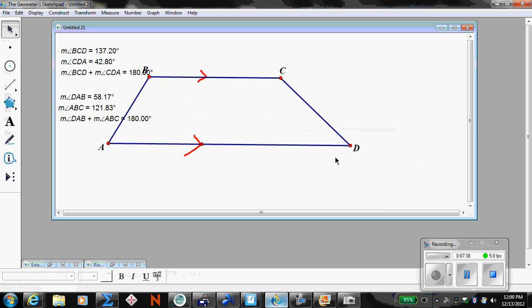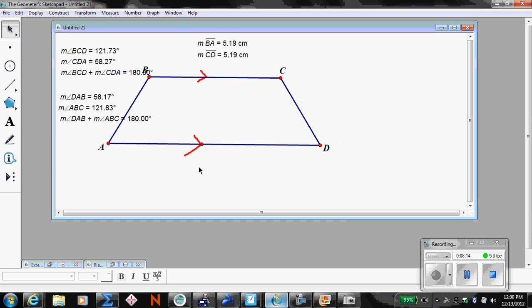So in this case, if I measure the lengths of my sides, these two sides are the ones that would have to be congruent in order to make it isosceles. And you can see there that it's not quite isosceles, so I'm going to drag point D until they are isosceles.